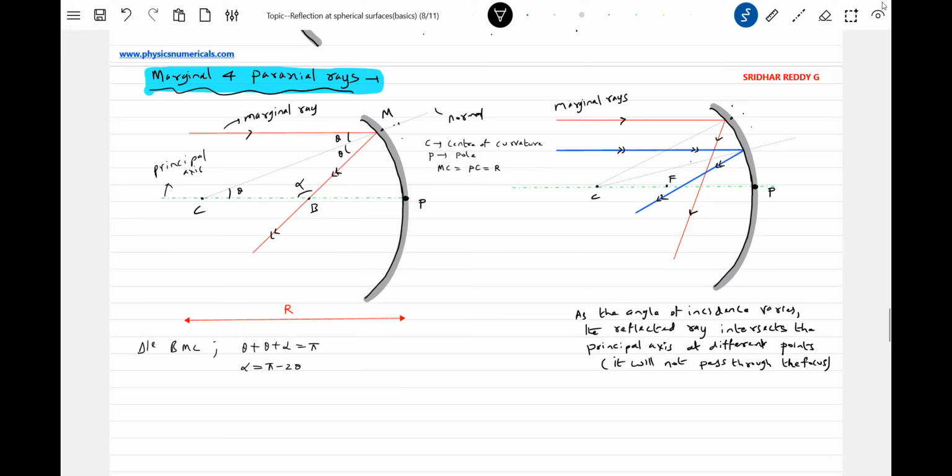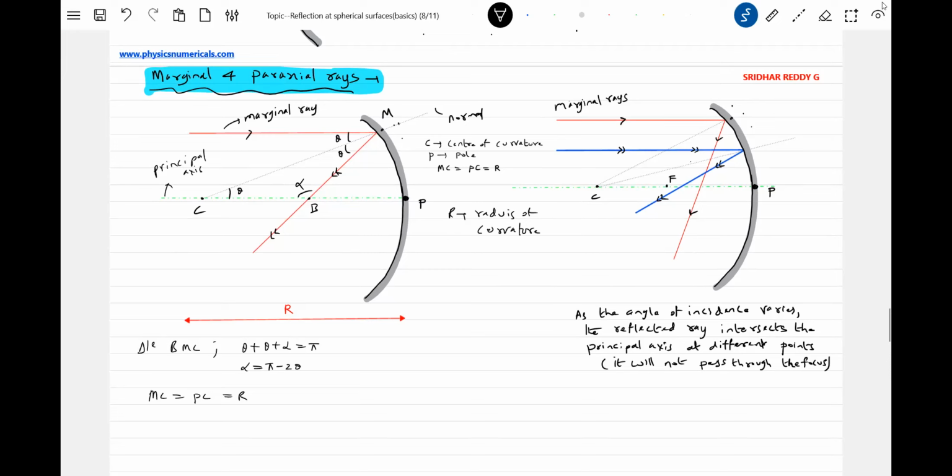And we know that the distance MC should be equal to PC, and it is equal to R, the radius of curvature.